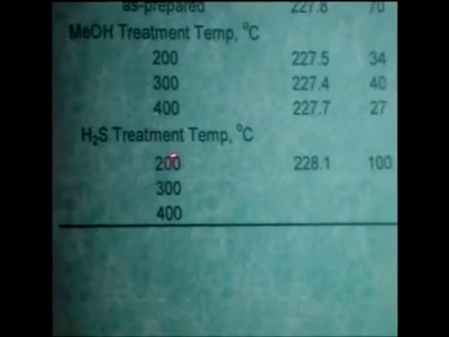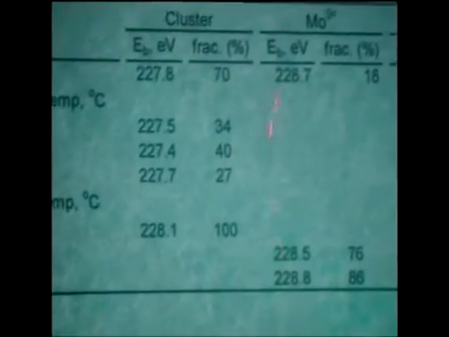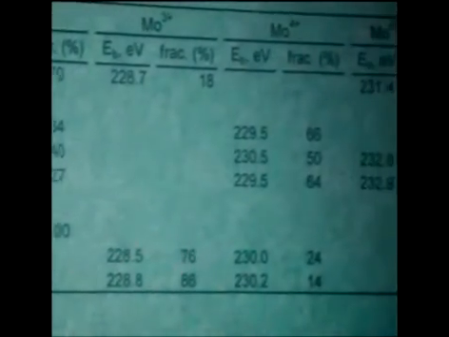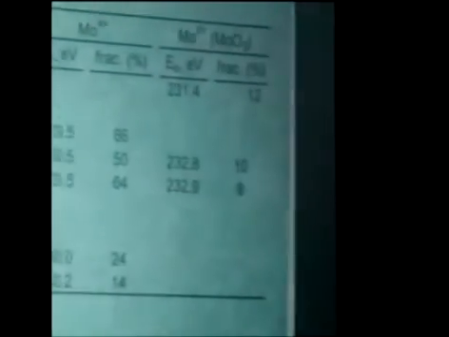But if you treat it with just pure H2S, then this Mo3+ intermediate oxidation state is pretty readily formed, and it becomes the prevalent surface species. And that to us says two things. One, that this intermediate species must be a sulfide species, and it also requires gas phase H2S. It's not just disproportionation of the material itself.